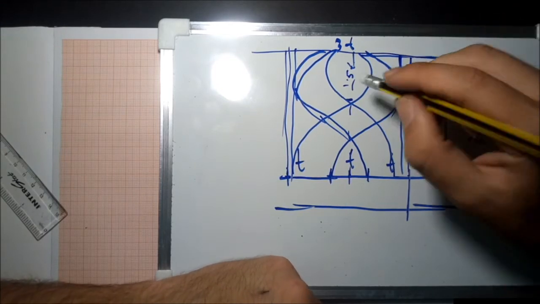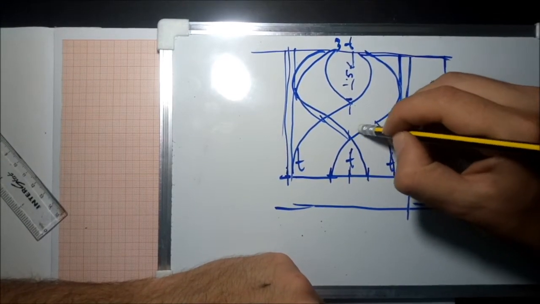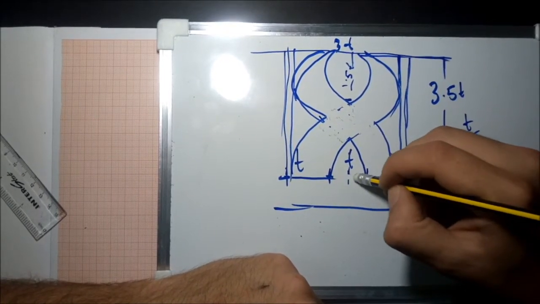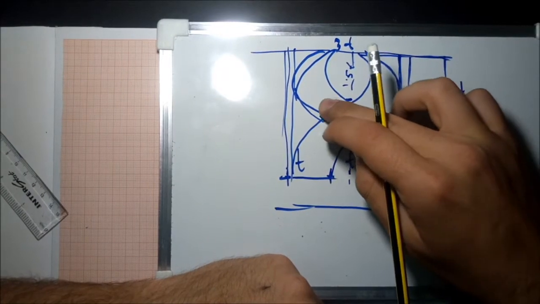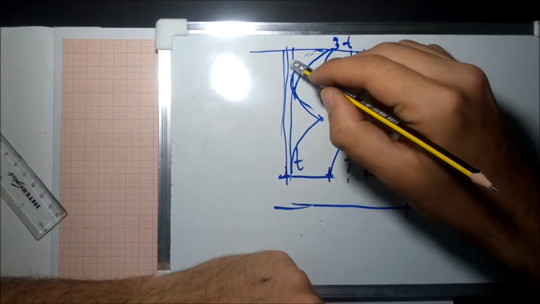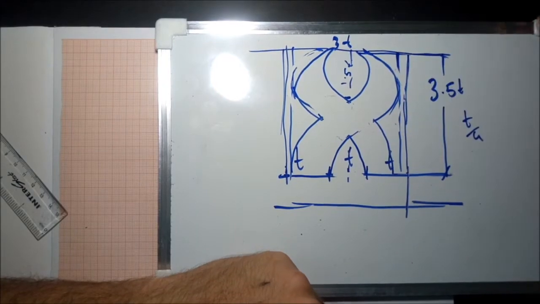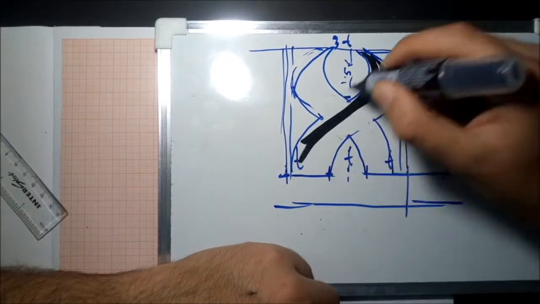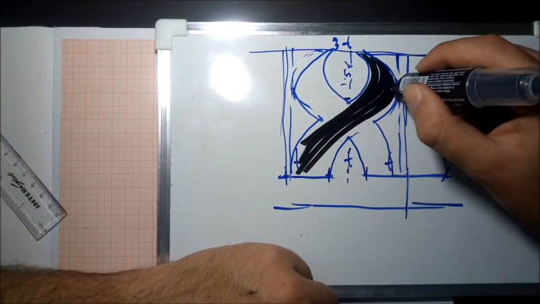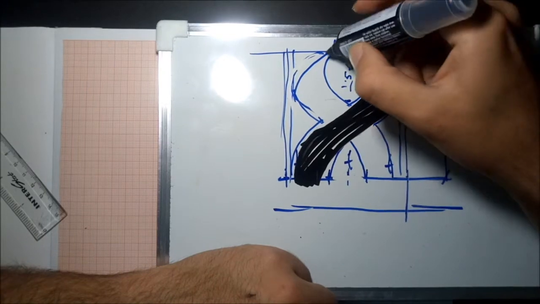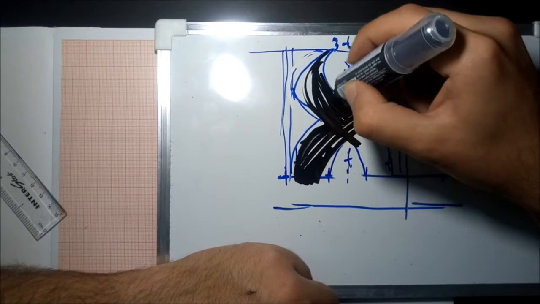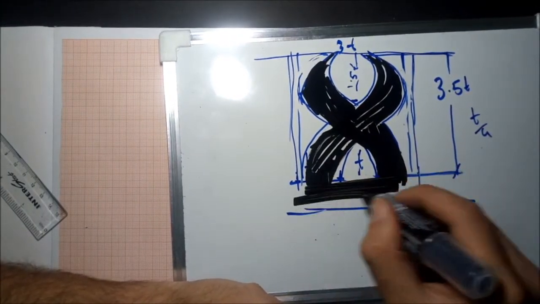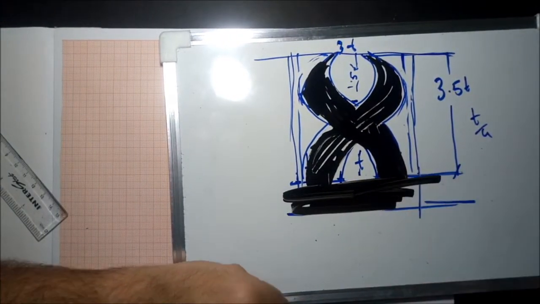When you erase the intersected parts of it, it will look like this. Let's clear it. It will look something like this.